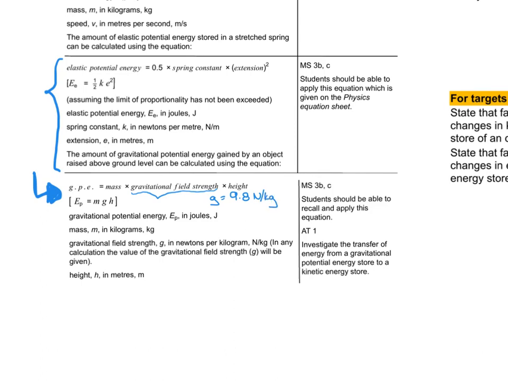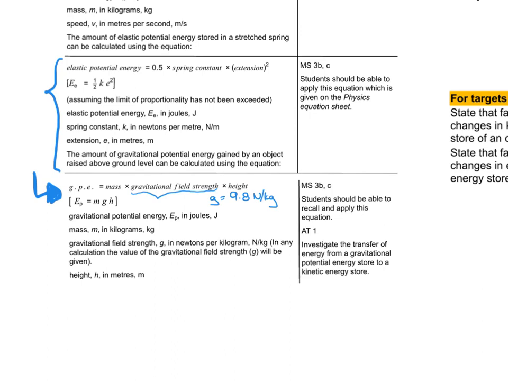Now, gravitational field strength is how strongly a planet is actually pulling us. For example, if we went to the moon we will have a lower gravitational field strength because it's smaller, it doesn't pull us as much. I will do another video on this topic later when we have to cover the content for it as well. So in other words, I can write the gravitational potential energy in terms of symbols.